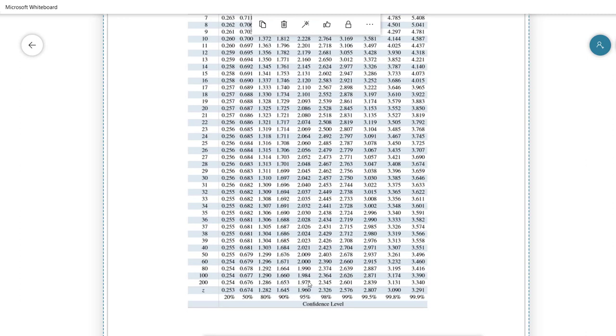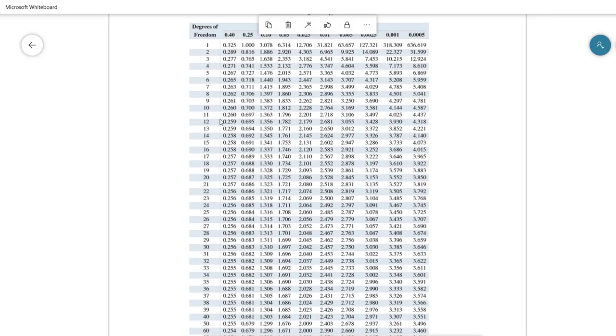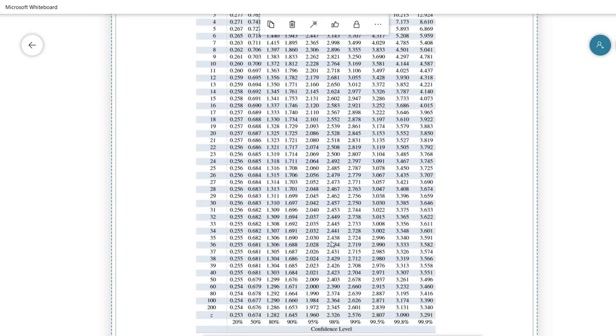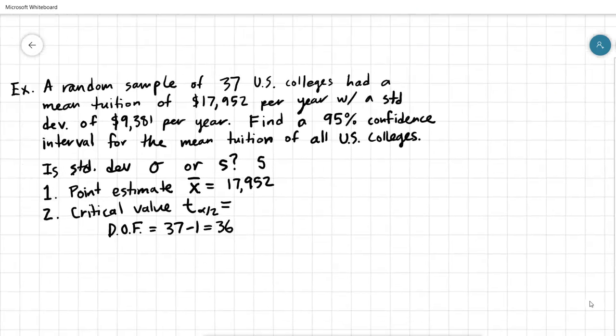So 95% confidence level, degrees of freedom equal to 36. Recall that that's how the column here is labeled, degrees of freedom. So 36, 95, 36. What number is sitting right at the intersection of those two? It is right there, 2.028.